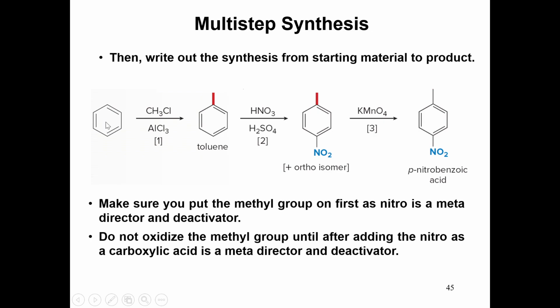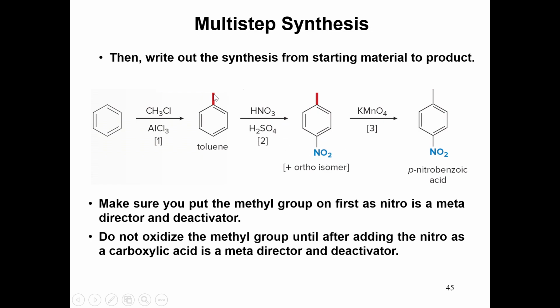So we do the Friedel-Crafts reaction. We have benzene, we have an alkyl halide, and we have the catalyst, aluminum chloride, to introduce the methyl group. Good news: the methyl group does not have carbocation rearrangement because there is only one carbon. The next step is to introduce the nitro group.